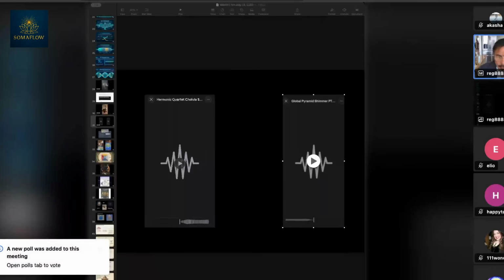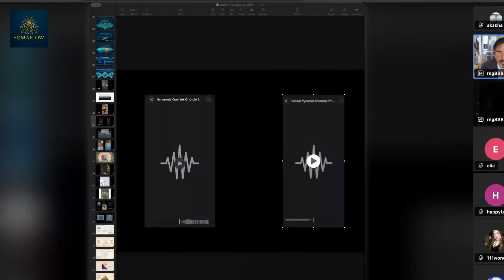Okay. How about the second pyramid overtone, the equal volume? You can say it was dizzy, pleasant, unpleasant. I'm going to add one more: just weird.